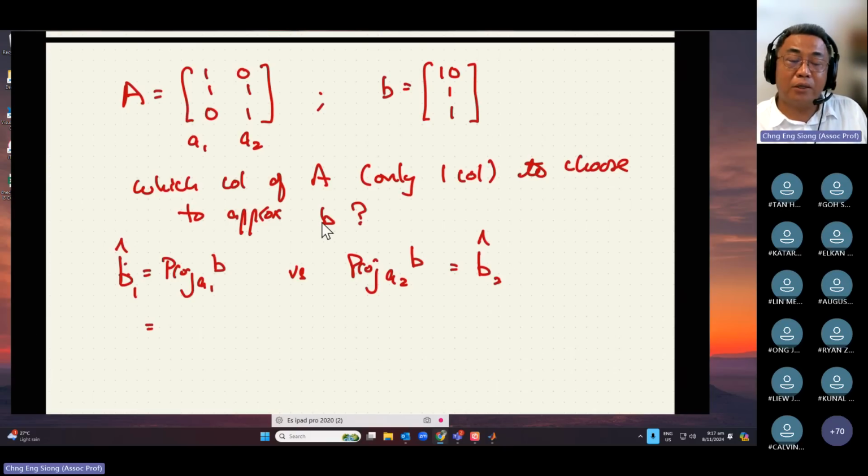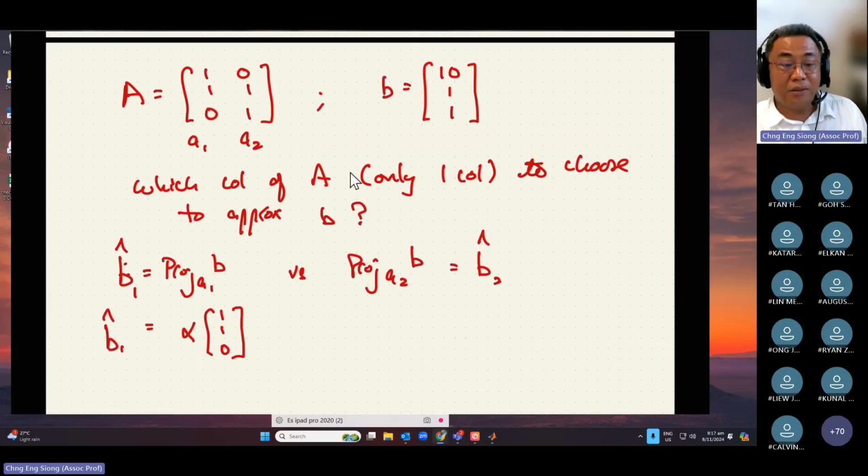I'm only going to select one column of A. So this is one way. I have to find alpha times 1, 1, 0 for B1 hat. Agree? I say choose one column, 1, 1, 0. The only thing you could do is to find alpha, right?